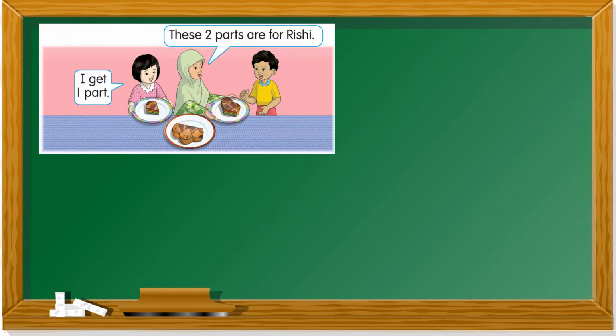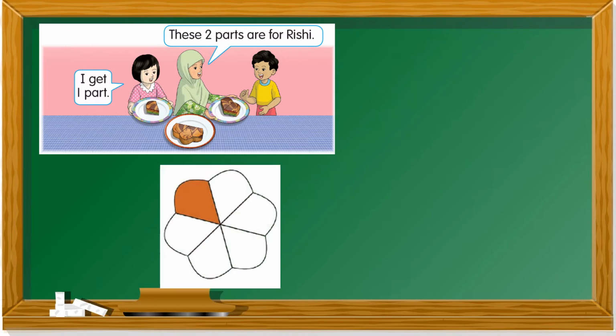Let's take a look at this picture. She's cutting a cake. And her friend, who is a girl, gets one part. The boy, Rishi, gets two parts. This is how the cake was cut. The girl got one part.